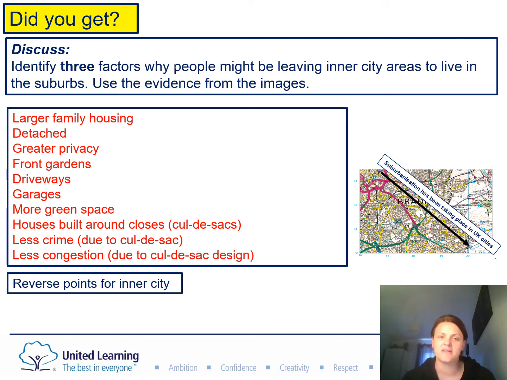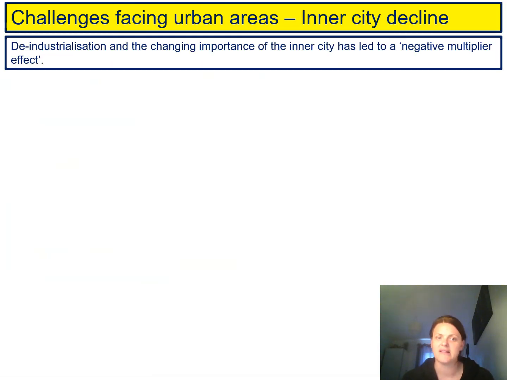As well, you can do the reverse points for the inner city. All right, so challenges facing urban areas, the inner city decline. This is what you've got to look at. This is really important. Deindustrialization, that process of factories closing down in the inner city, has led to a negative multiplier effect.